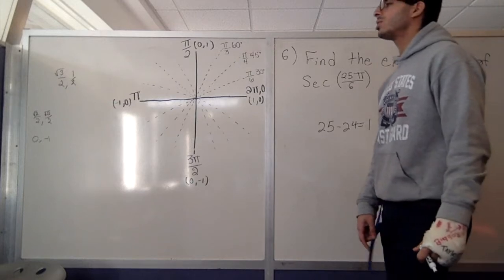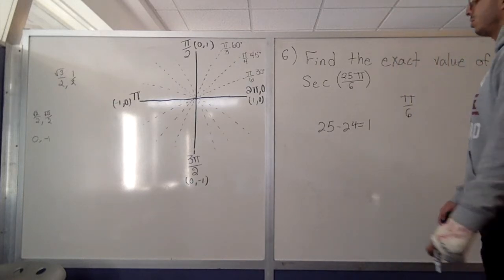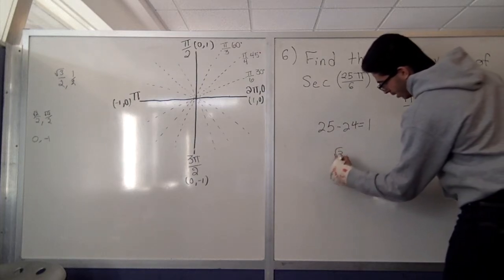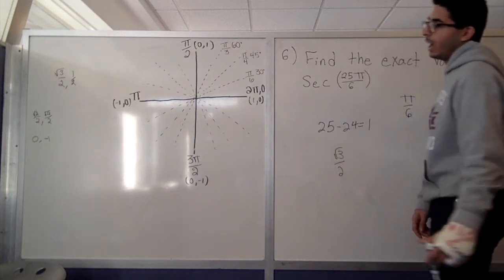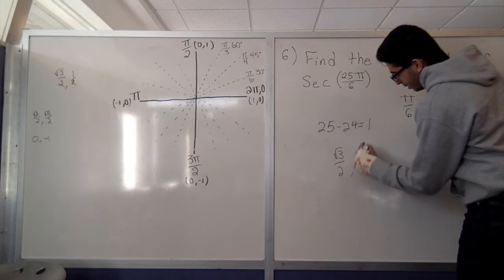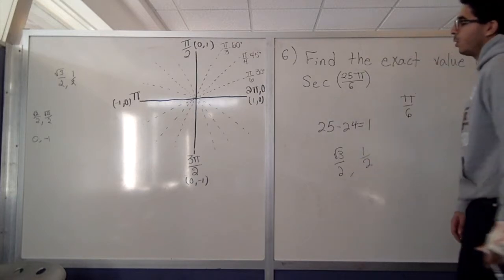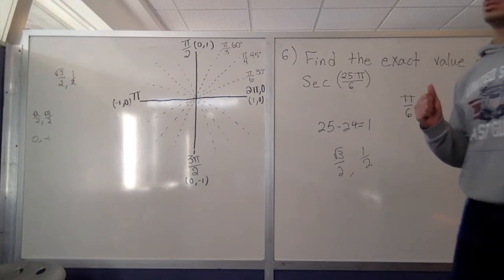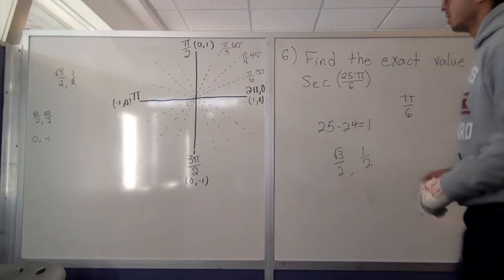And we know that our x-coordinate for pi over 6 is radical 3 over 2, and our y-coordinate is 1/2. And we're looking for the secant of pi over 6. So secant is 1 over x.